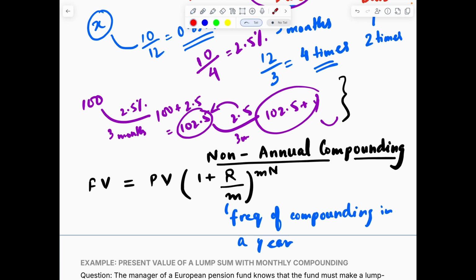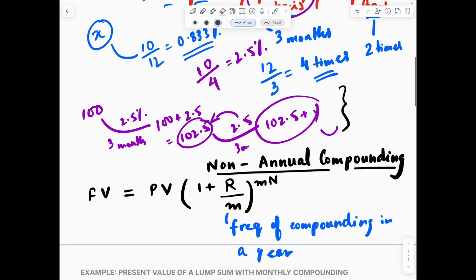So basically, if I tell you that the compounding is happening on a monthly basis, this M is going to be 12. And if I tell you that compounding is happening on a quarterly basis, this M is going to be 4. And what if I tell you that the compounding is happening on a half yearly basis?